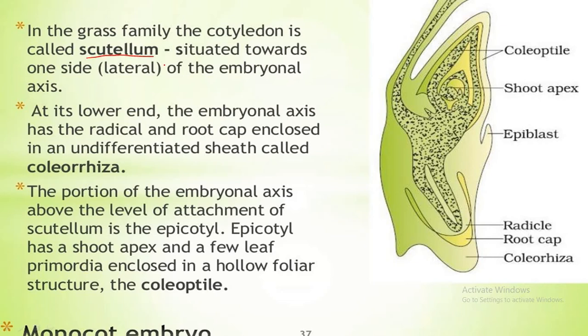At the lower end, the embryonal axis has a radicle and root cap enclosed in an undifferentiated sheath, which is called coleorhiza. The portion of the embryonal axis above the level of attachment of scutellum is called the epicotyl.